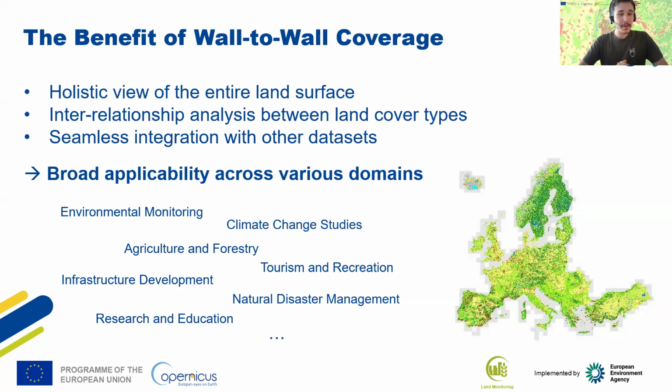We also then segue nicely into the seamless integration with other data sets. Backbone, as the name suggests, can be used as the backbone to other data sets. It's a great foundation to build upon other projects, use it as a foundation of how land cover is represented throughout Europe. We can move to the next slide.